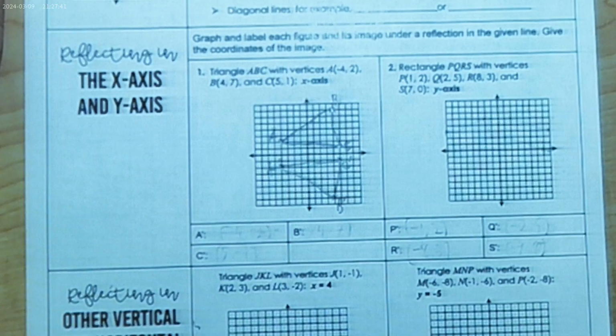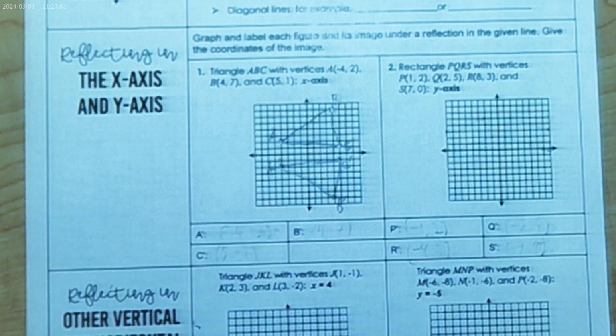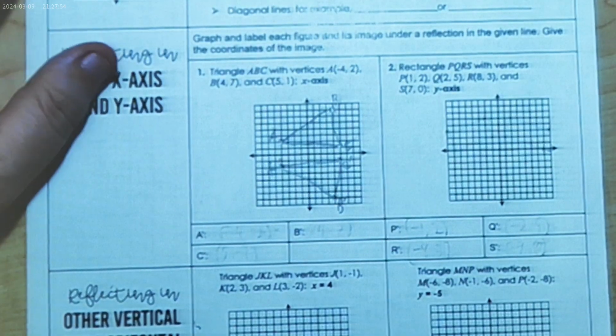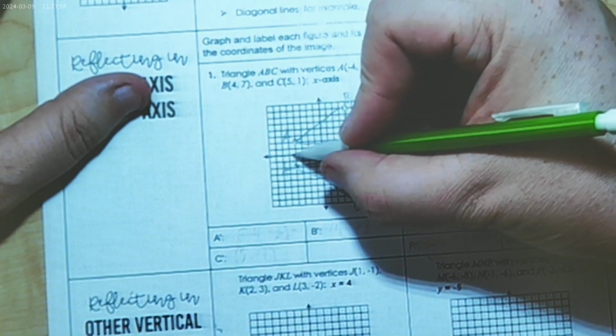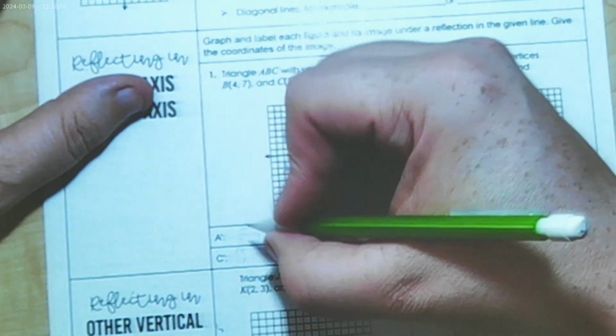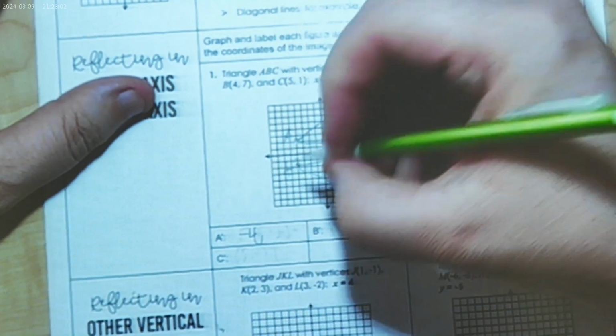If you come across something with the x-axis and the y-axis, honestly, counting is the best way to go. The only part that stinks is that now you have to count out exactly where all the points are. So in this case, A is going to be 1, 2, 3, 4, -4, and then -2.